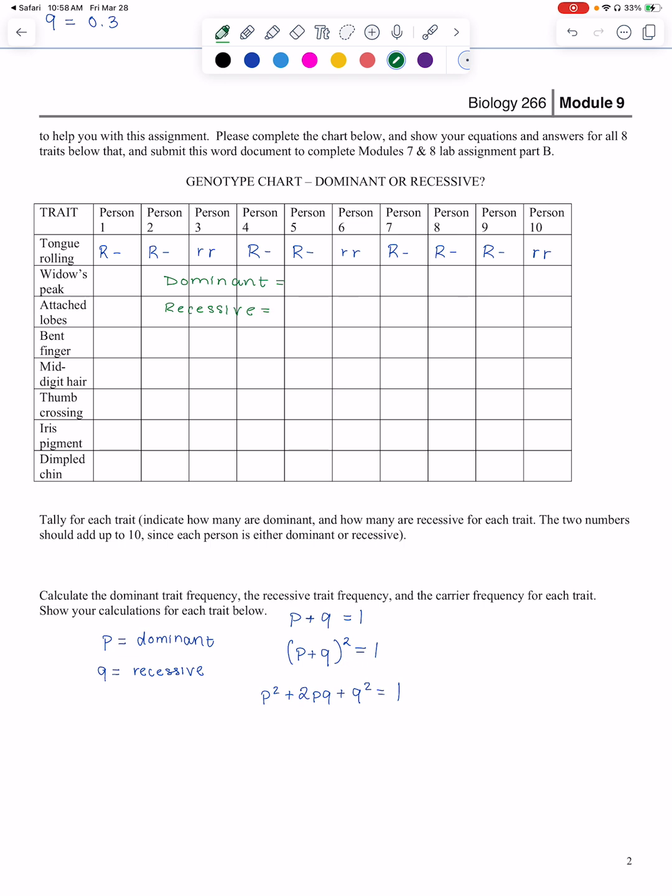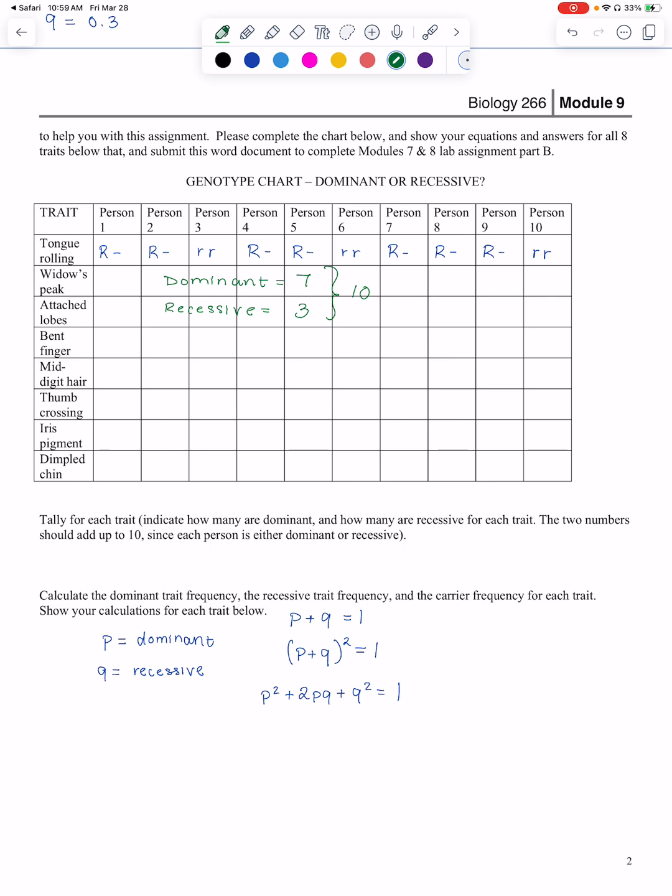And you can see here I have 1, 2, 3, 4, 5, 6, 7 individuals that were dominant and 3 individuals with the recessive trait. And sure enough, my totals are equal to 10, so the math is mathing.